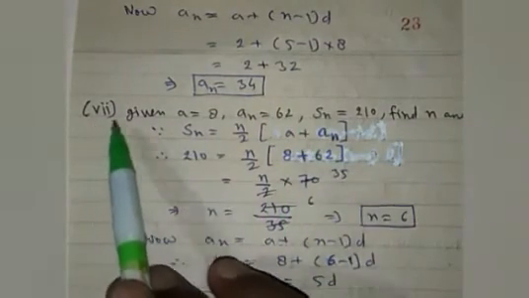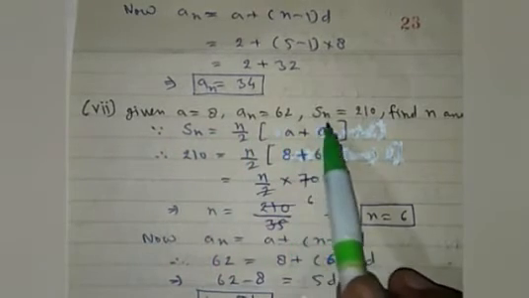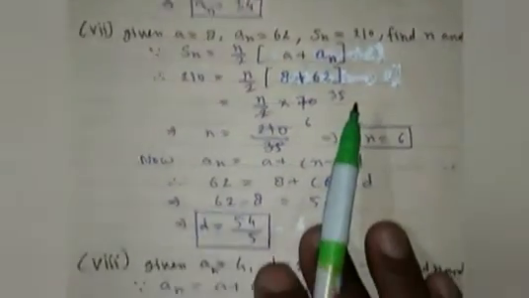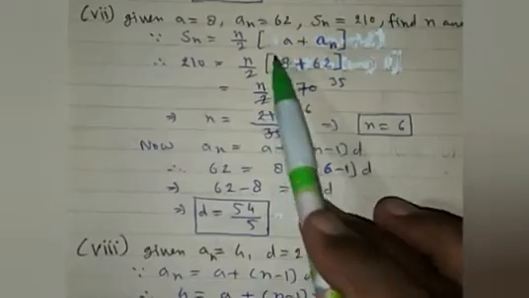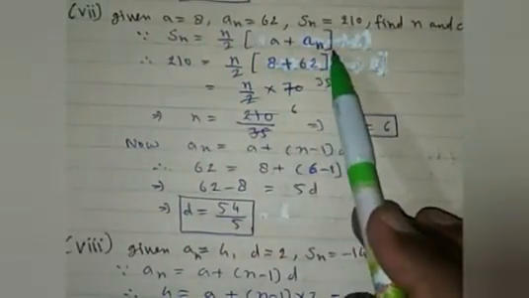Now in the seventh part, given a equal to 8, an equal to 62, Sn equal to 210, find n and d. Here we use the formula Sn equal to n by 2 into (a plus an), because a and an are both given.